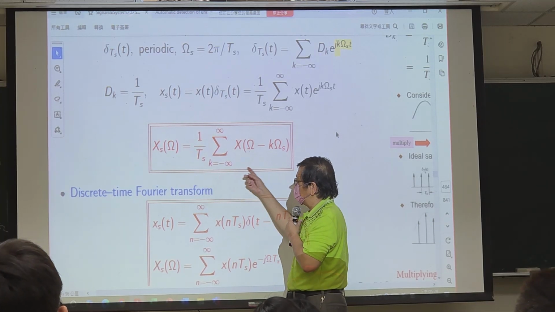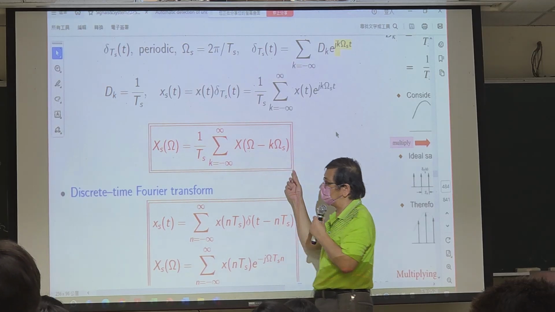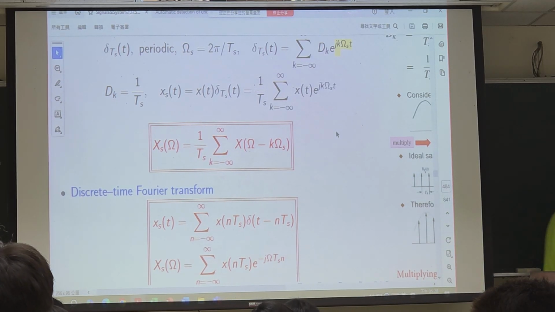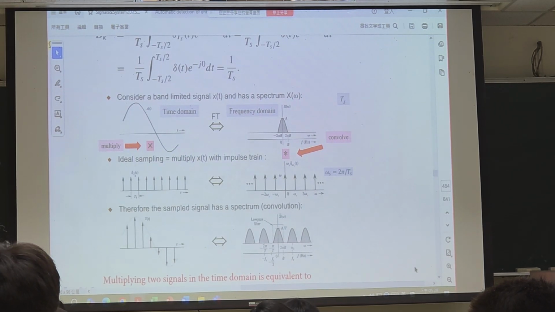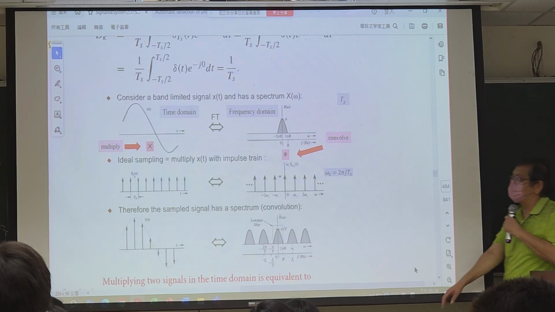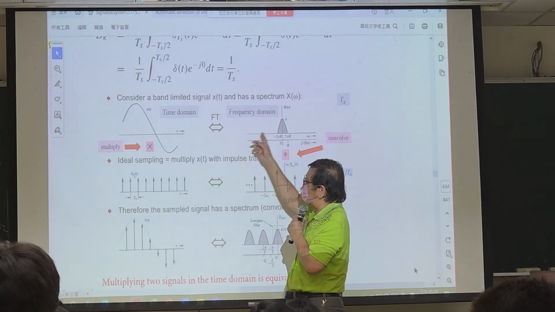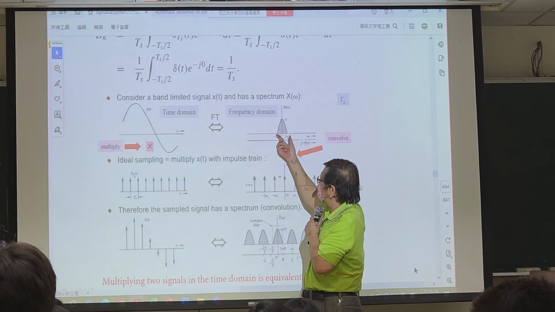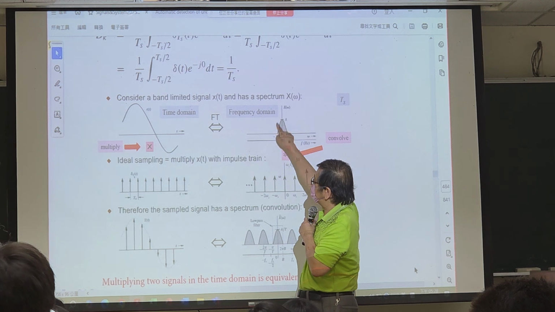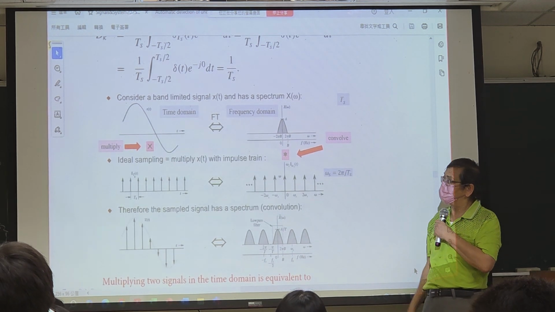So what does that tell us? This gives us very important information. Originally, the power spectrum, or frequency response, of the signal is this one. This is the frequency response of x of t.